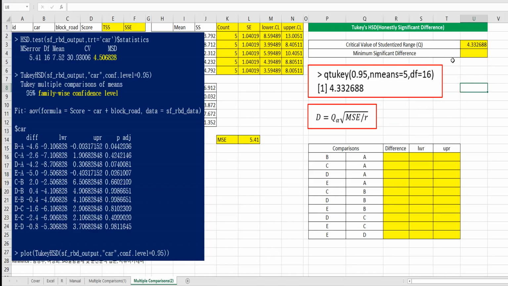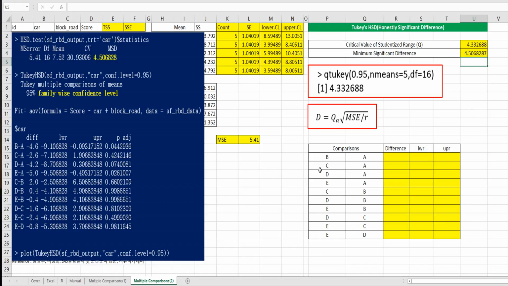So the minimum significance difference can be calculated by Q multiplied by the square root of MSE over the number of replications, which is 5. Right. To say there is a significant difference, the difference should be greater than this value.